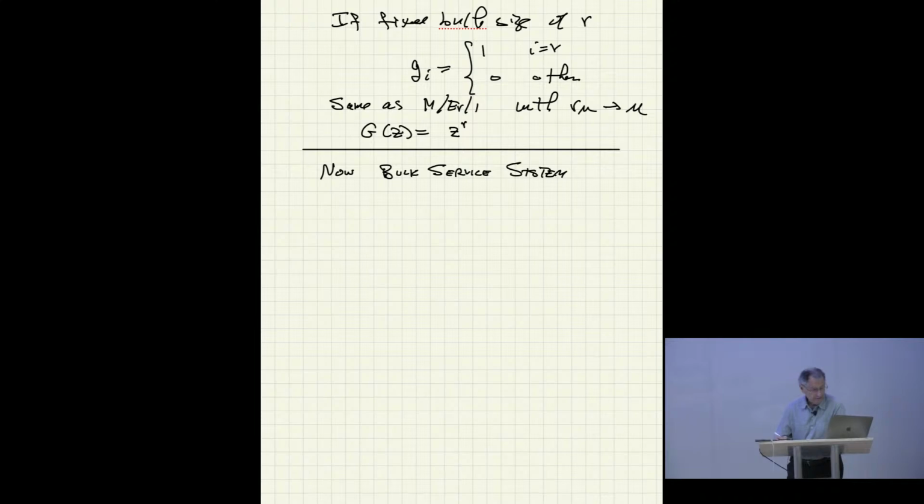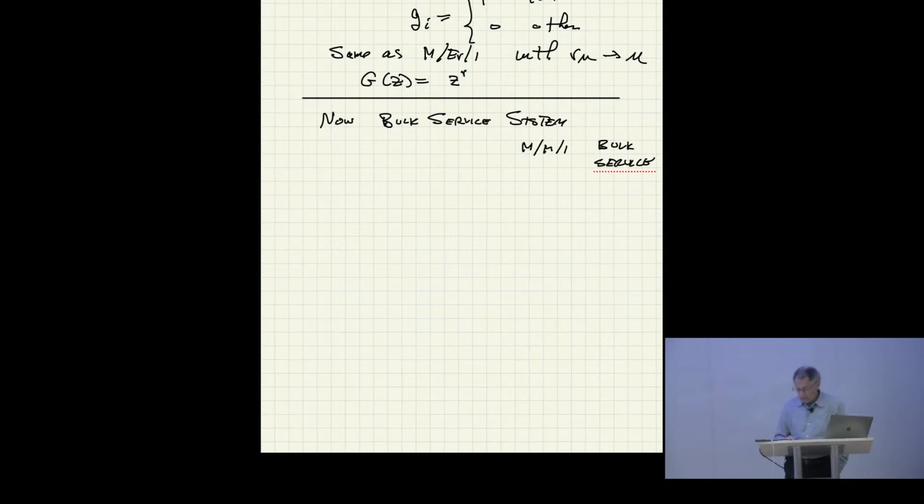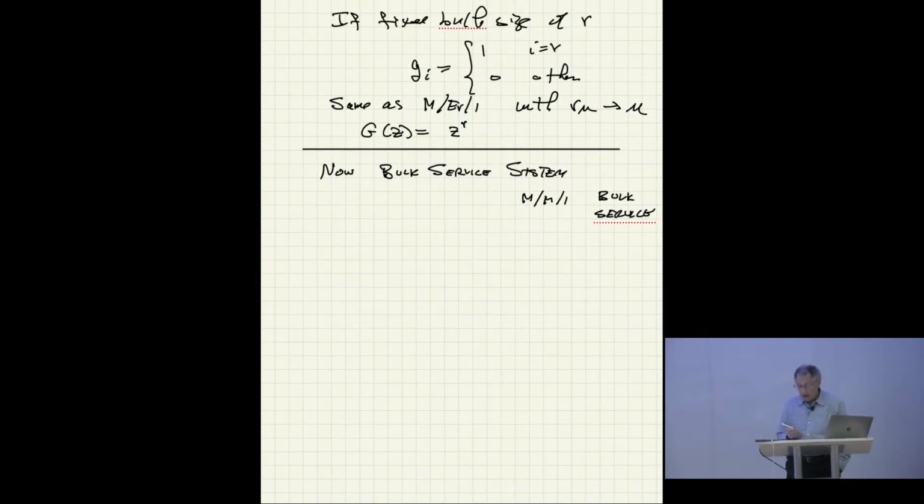And that's basically the same as MM1, and I'm going to call it bulk service, MM. Well, I've already suggested that basically ERM1 looks like this because every time something leaves, it takes away R things. That's like R people got service at the same time. Okay?